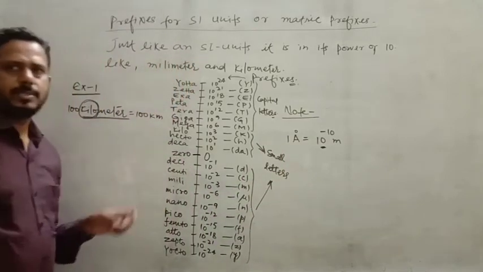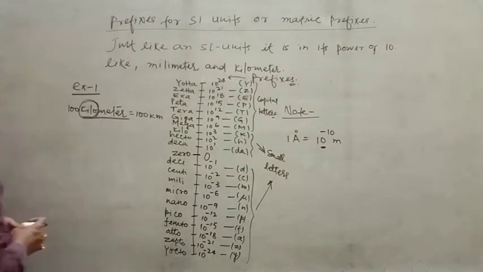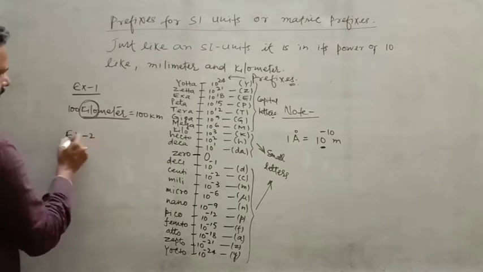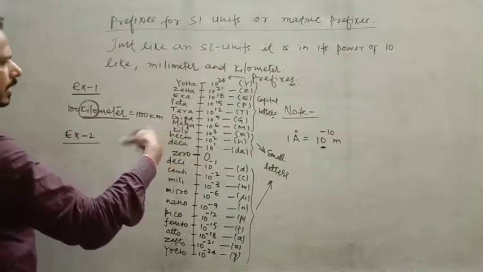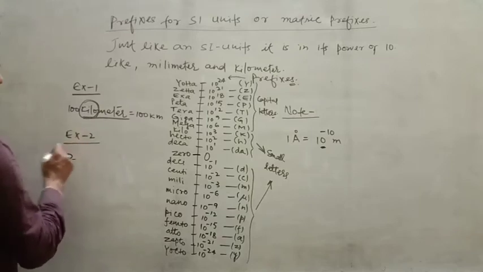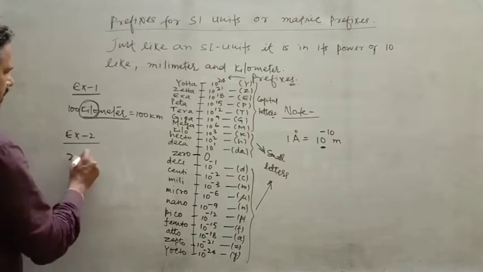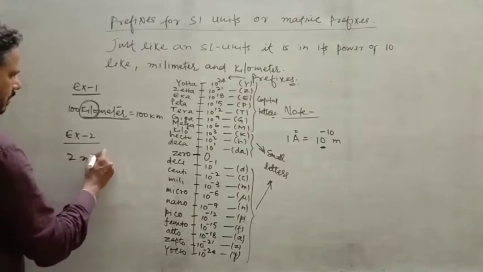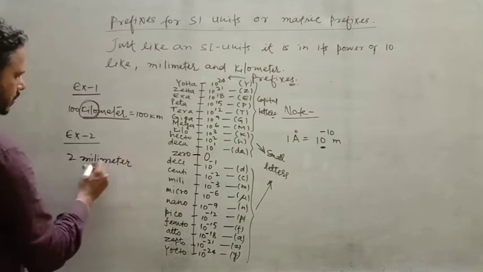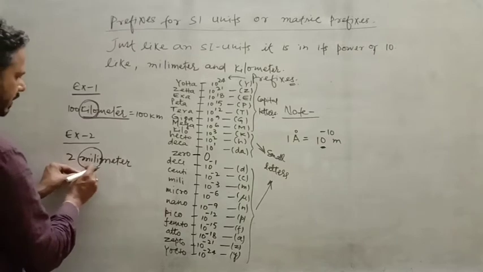Alright. So this is the way of representation. Like in a second example, someone is writing 2 millimeter. You are seeing milli is there, and this becomes 2 longer.